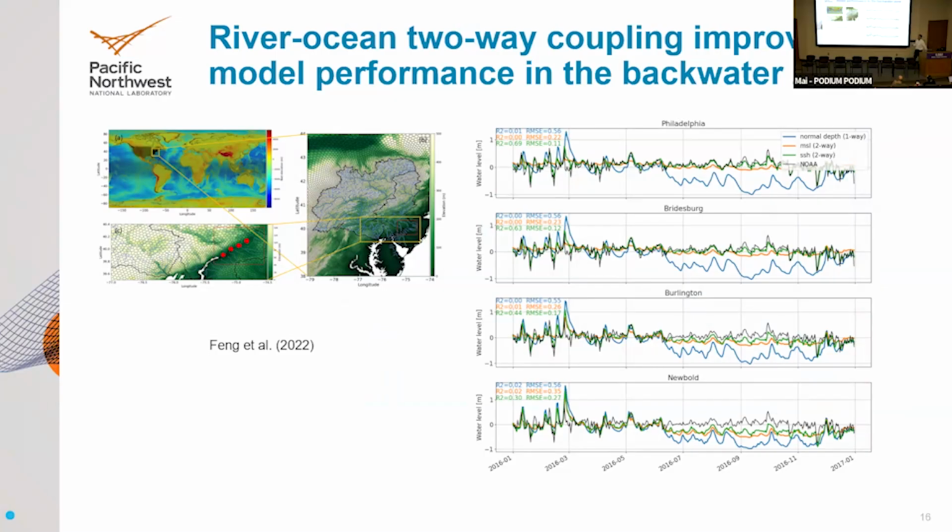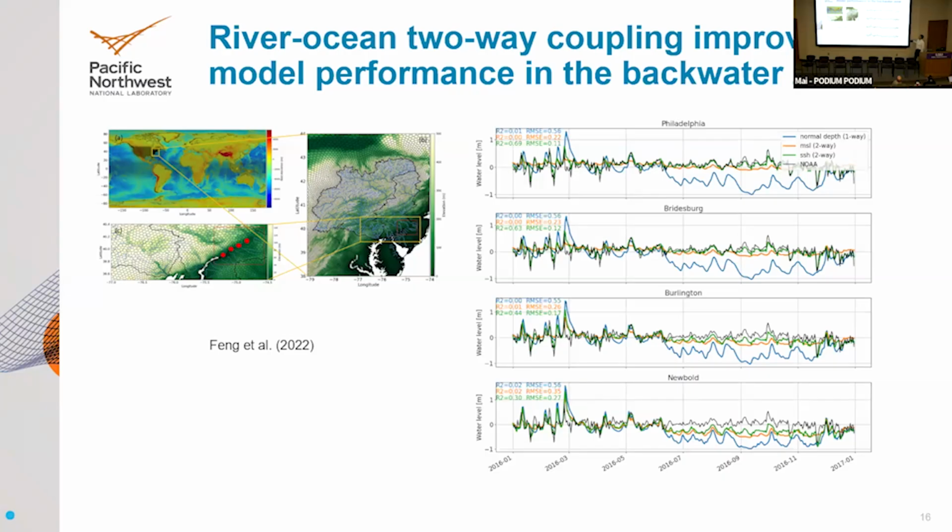In the right figure, we compare the simulated water level using different coupling schemes with the observed water level. Please ignore this orange line and focus on the other 3 lines. The black line is the observed water level, the blue line is the simulated water level using the one-way coupling scheme, and the green line is the simulated water level using the two-way coupling scheme.